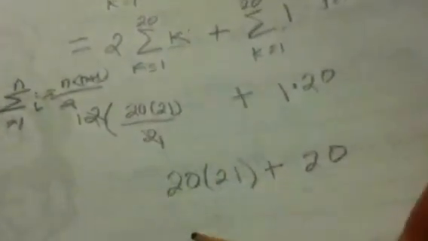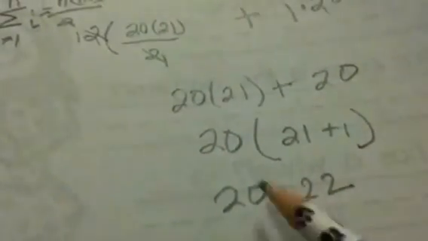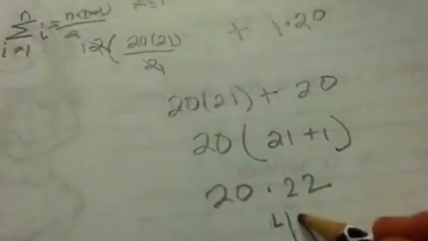Both terms have a 20 in it. I can pull out 20 and multiply by 21 plus 1. And so that's 20 times 22, which is 440. So 440 is what this one would equal.